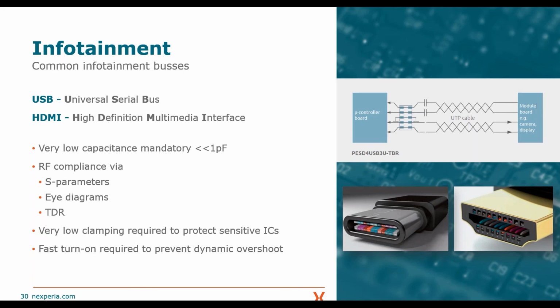So again, when we're talking about multiple gigabits per second, we need good signal integrity, resulting in small parasitic capacitance added by our ESD protection. So same as for SerDes, we want a capacitance below 1 picofarad.